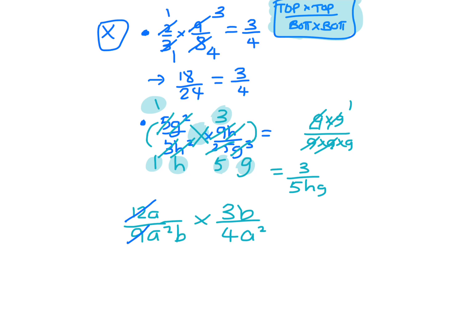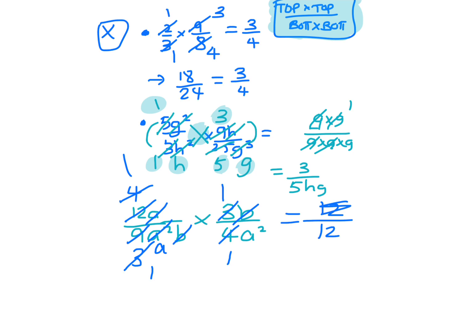So 3 goes into 12 4, 3 goes into 9 3, a and a squared cancel, b cancels with b. There's nothing else left to cancel, so 4 3s are 12, 3 4s are 12. Oh, we could do 3 into 3 once and 3 into 3 once, 4 into 4 once and 4 into 4 once. So the 12s actually cancel. Can you see it was going to be 12 on 12, which is 1 anyway. So 1 times 1 is 1 on top, and a times a squared, that would be a to the 3 on the bottom.